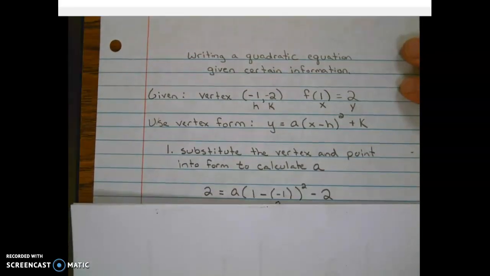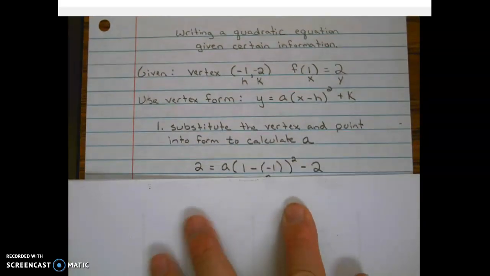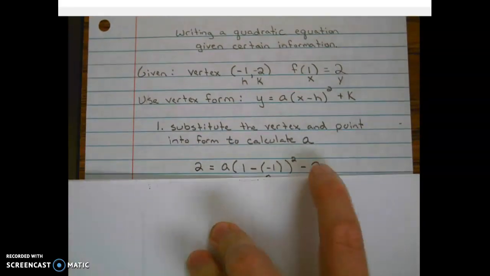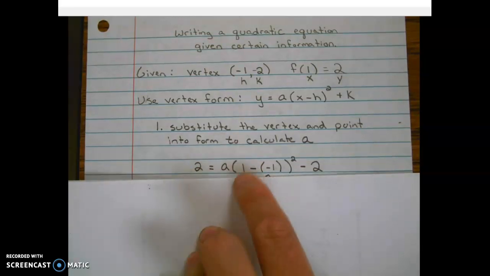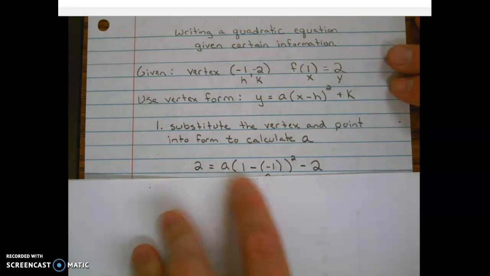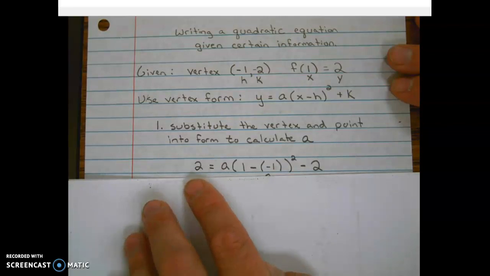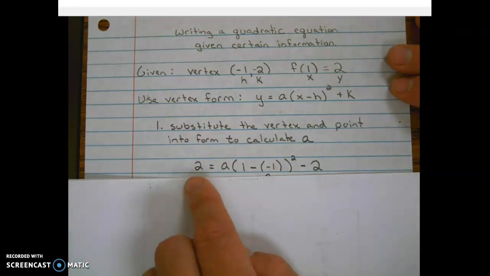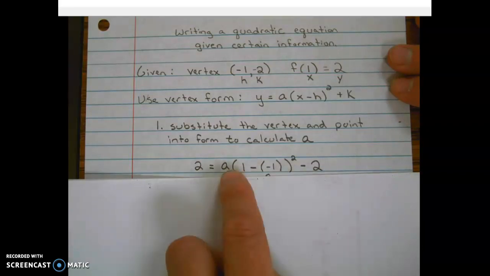So here we have it. Everything's plugged in, h and k, and y and x. So all we have left to do now is to solve this equation for a. When you solve an equation, before you start undoing operations to isolate a, you should always try to simplify each side.